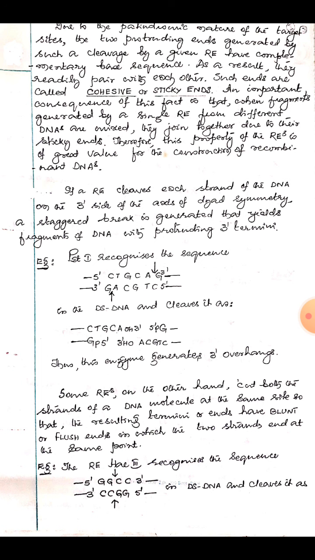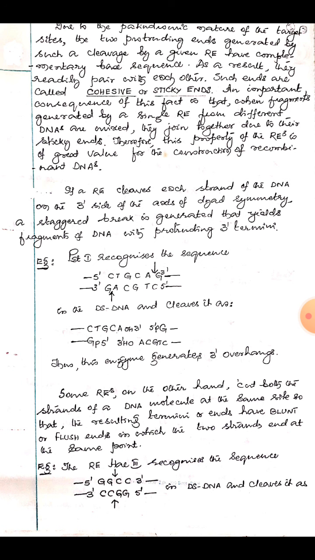Why I am telling this is, an important consequence of this property is that when fragments generated by a single restriction endonuclease from different DNAs, say for example, I have two sets of DNA molecules. Both the sets have the same recognition sequence GAATTC, and for both the DNA molecules I give EcoR1 only.